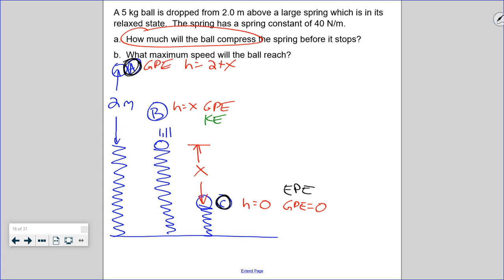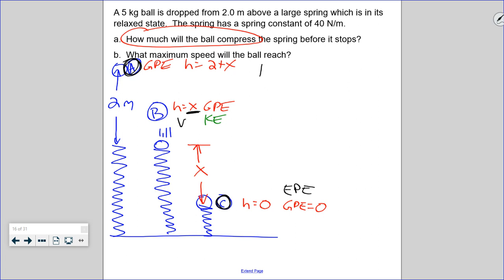Here's why point B is not a good choice: at point B, we have 2 unknowns. We don't know what x is, and we don't know the velocity. We can find the velocity at point B. We know that it fell 2 meters, so you can just do conservation of energy and figure out what the velocity is after it falls 2 meters. But I'm going to skip that.